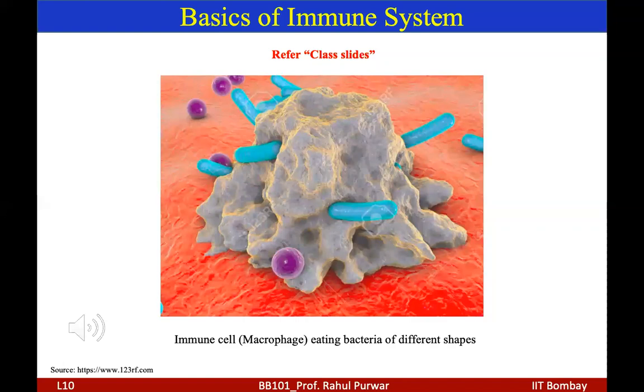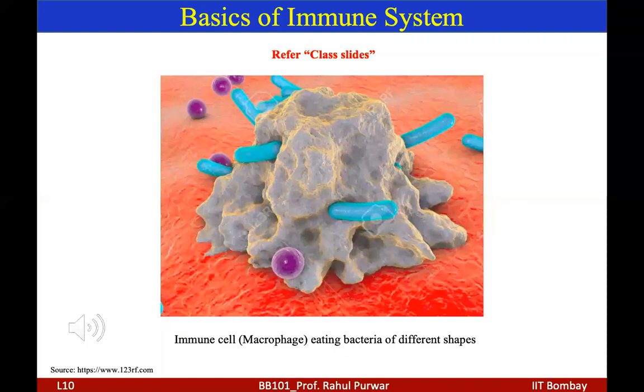Unlike all these systems you heard before, especially the respiratory, gastro, or endocrine system, the immune system is not just a set of organs, but a very dynamic system which comprises many different cell types, and you cannot define the immune system by one organ. Multiple organs and multiple cellular systems together make the immune system.